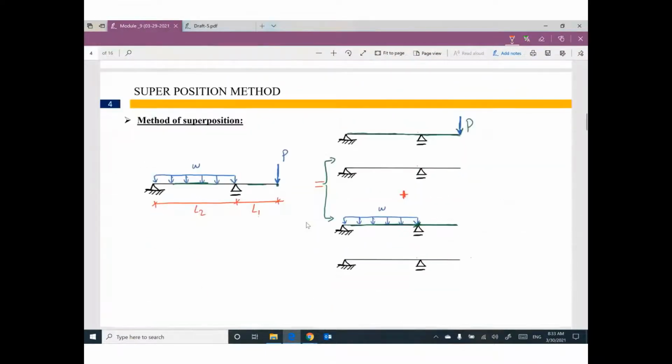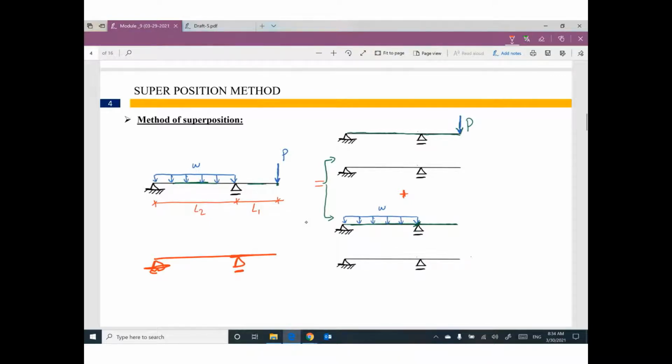The question is, what will happen if you have this beam between hinge and the roller and you have a cantilever? Okay, that's good. But we don't have this concentrated load only. No, we have this concentrated load besides this distributed load.